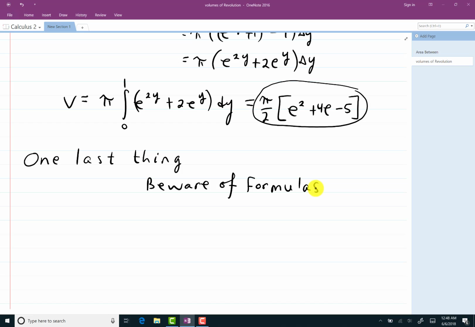You'll notice I wrote no formulas here, other than the formulas for the volume of simple three-dimensional objects, actually just disks. That's it. So I have nowhere actually written down the general formula that you'll find in a textbook. If you want to go that route, go ahead.